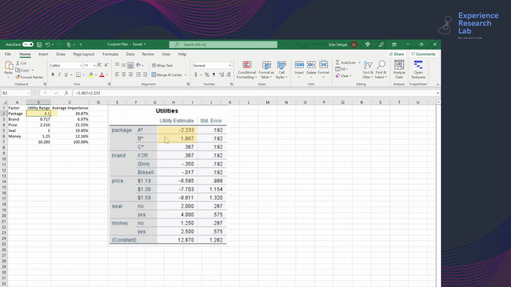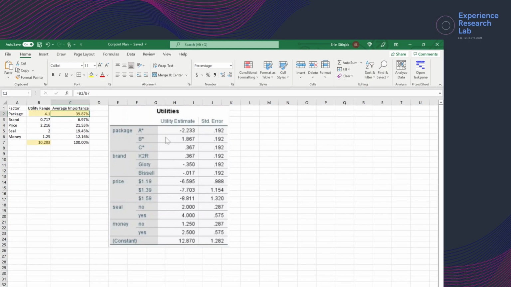If you take the highest and lowest utility estimates, you can calculate the range for each factor. For example, the utility range for the package is 1.867 plus 2.233 equals 4.1. It is the highest among all factors. Further, if you divide the utility range for the package by the total utility range for all factors, you can calculate the average importance.